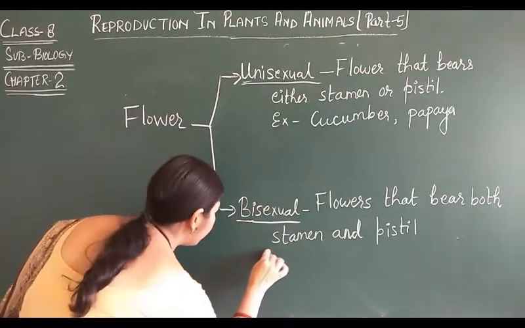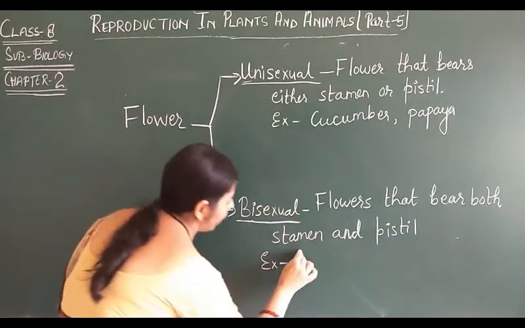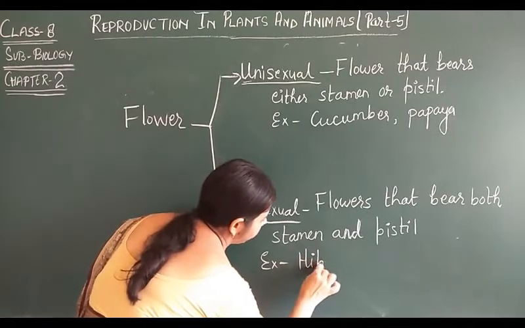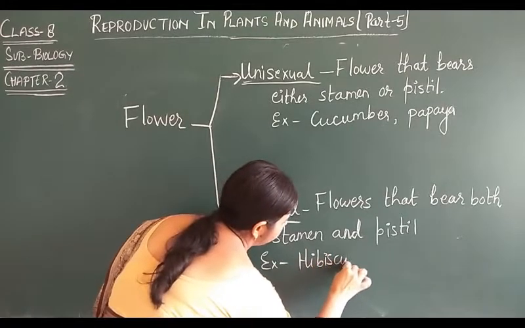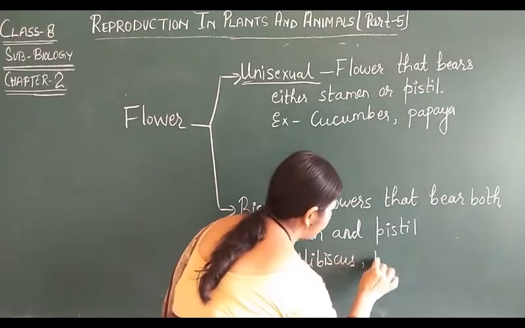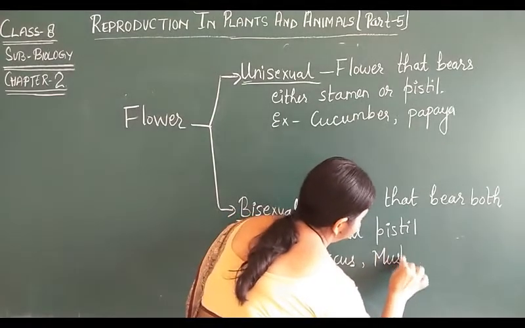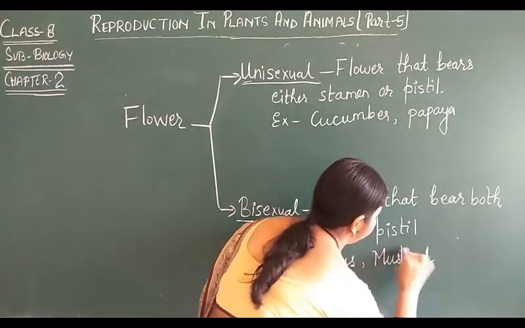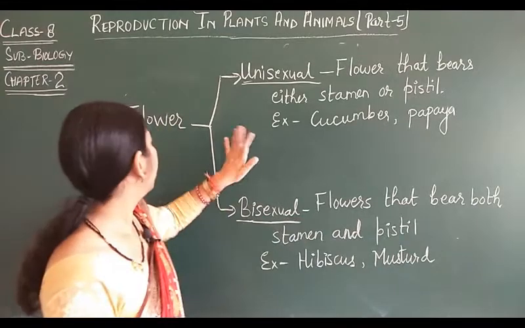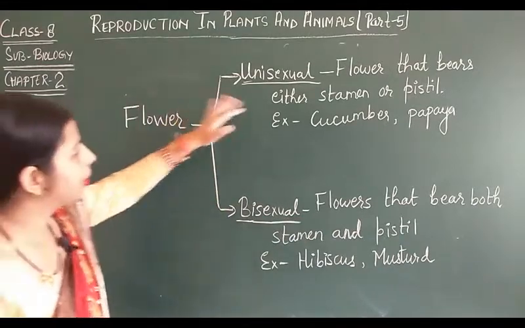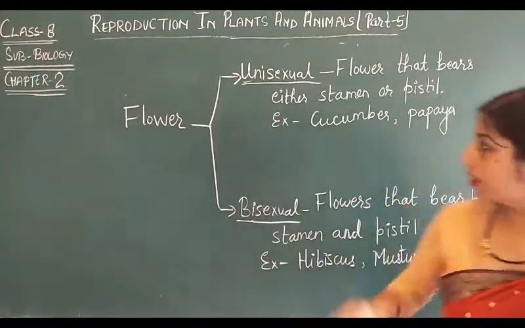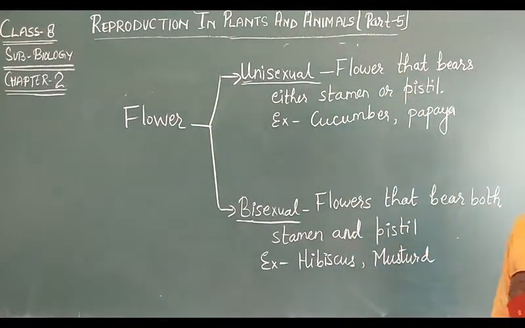Examples of these are hibiscus and mustard. That means the types of flowers on the basis of sex organs are unisexual and bisexual.